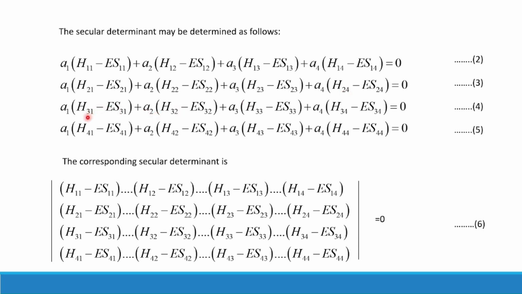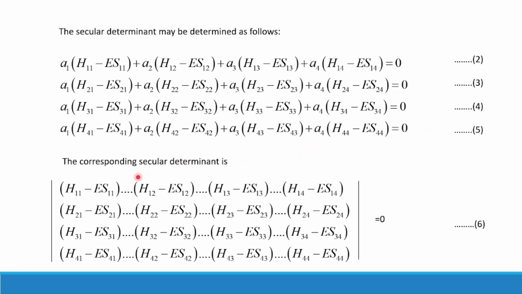Next is the third orbital with the first, second, third and fourth carbon atoms. Then the fourth orbital and first carbon atom, and likewise we may write the equations. We have already studied how the secular determinants are formed.